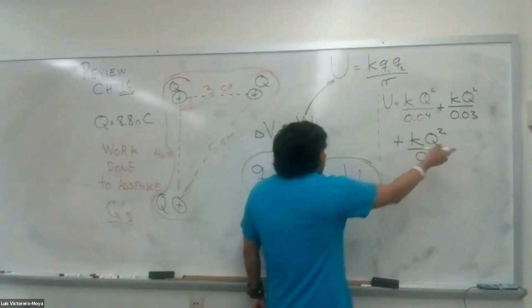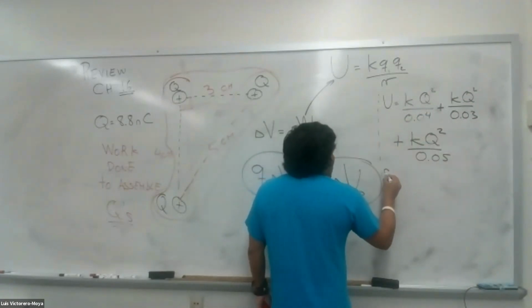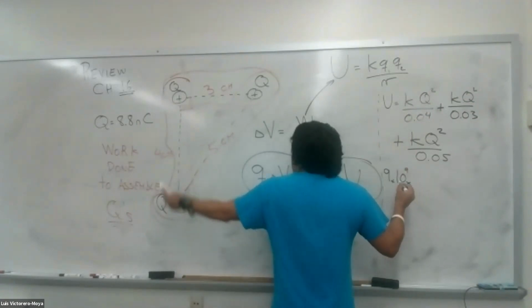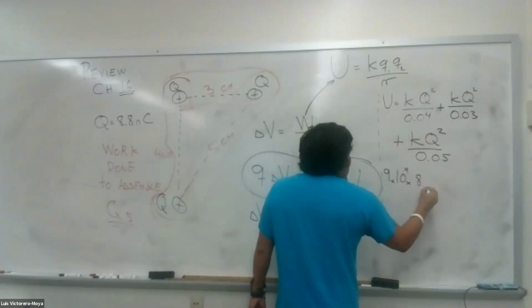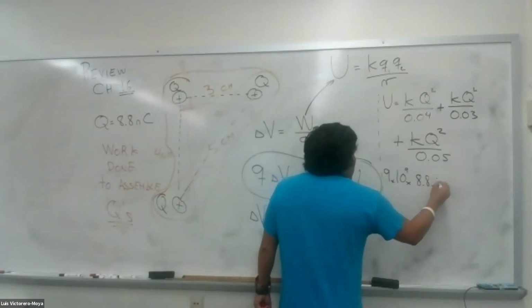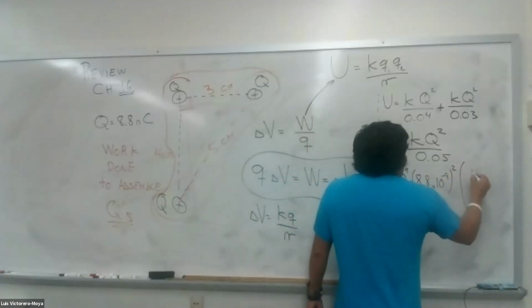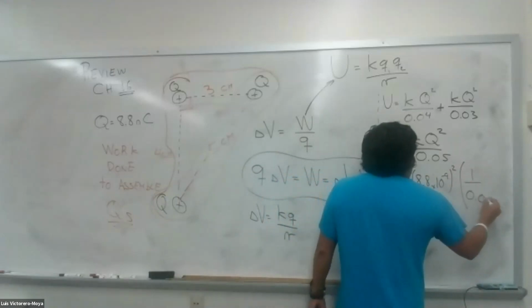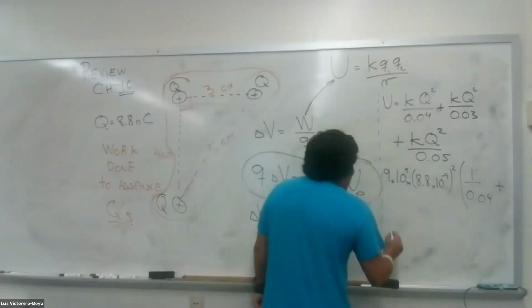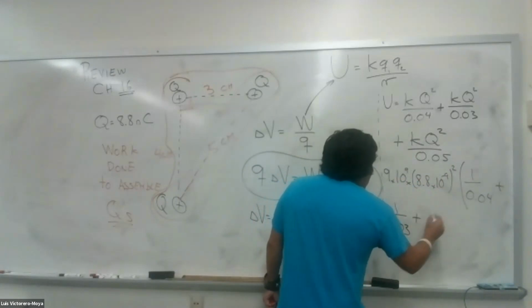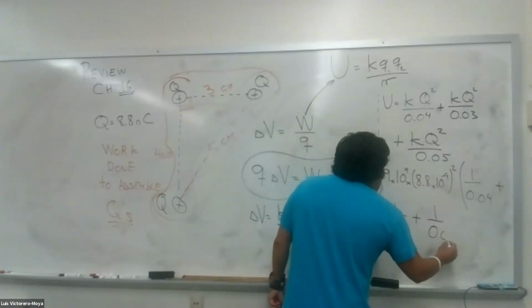I'm leaving it like that because I can factor KQ squared, so that will be 9 times 10 to the 9. Q squared is 8.8 nanocoulombs, so 8.8 times 10 to the negative 9, squared, all in parentheses, 1 over 0.04 plus 1 over 0.03 plus 1 over 0.05.